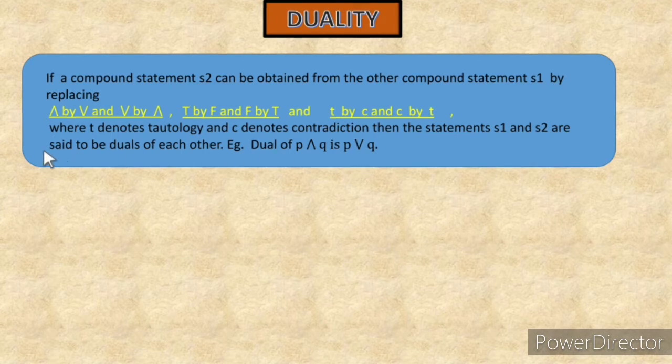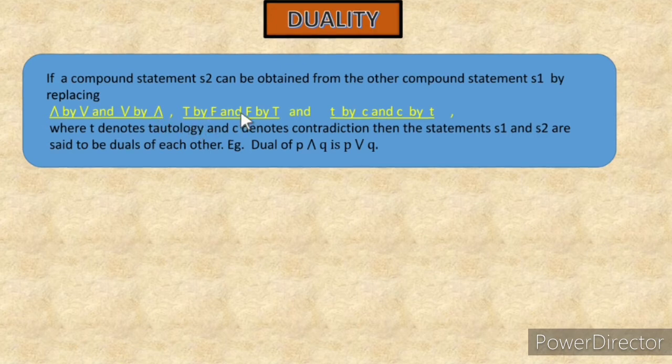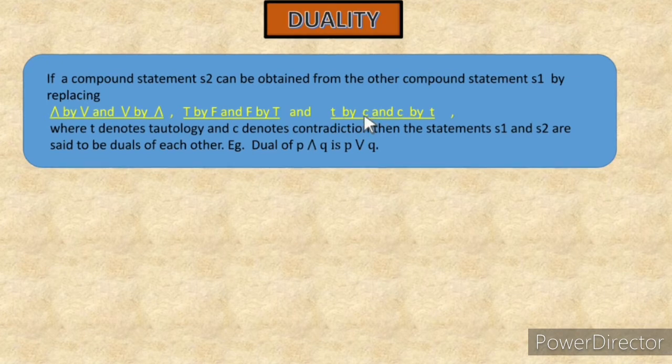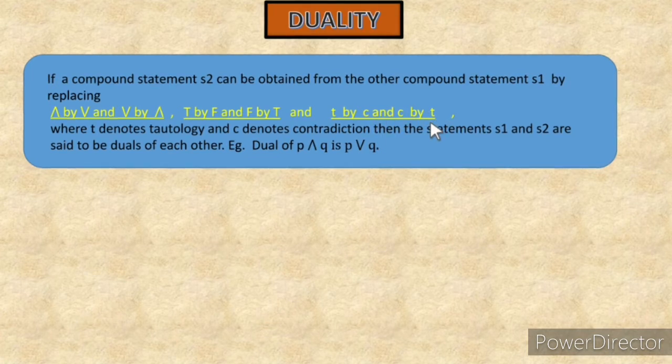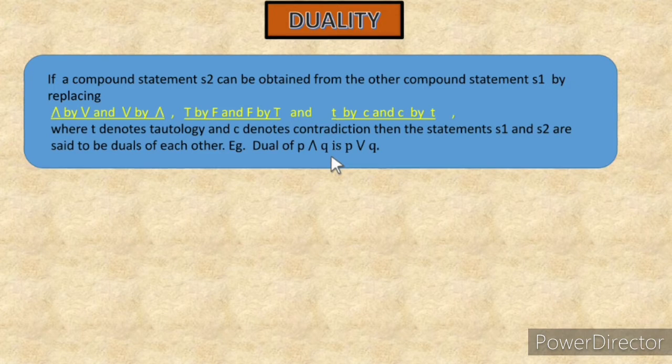Only keep in mind you have to change these connectives: 'and' by 'or', 'or' by 'and', T by F, F by T, and small t which represents tautology by contradiction, denoted by c, and contradiction by tautology. That is all, and you get the dual of the given statement. All the other connectives, say if-then or negation, you have to keep as they are. You do not have to make any changes.